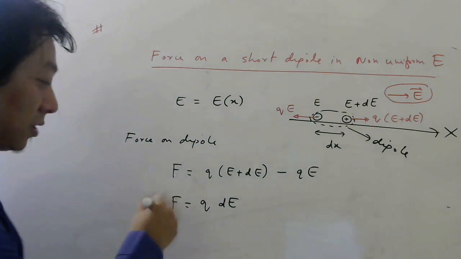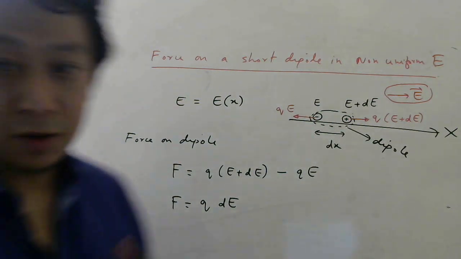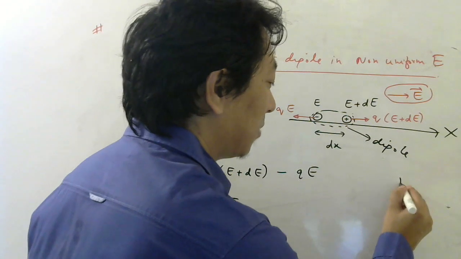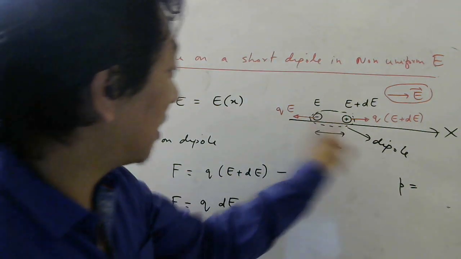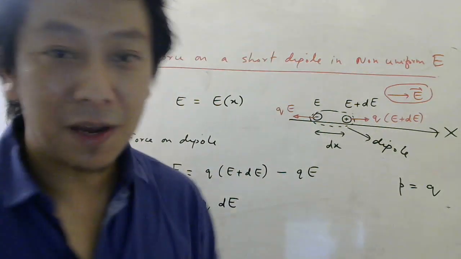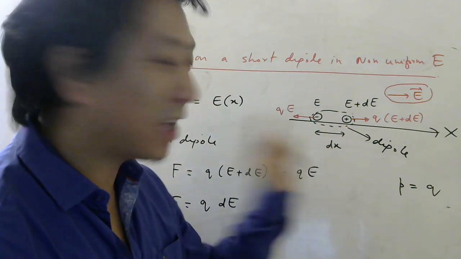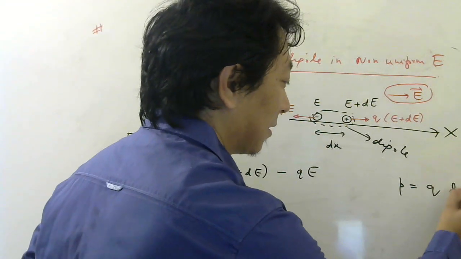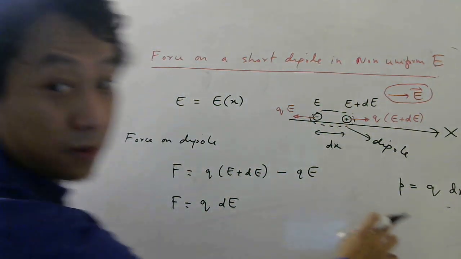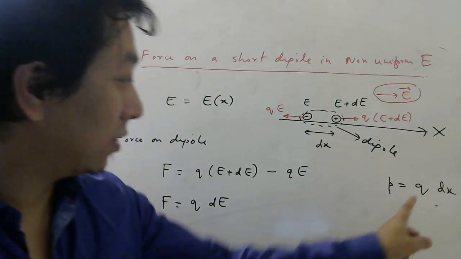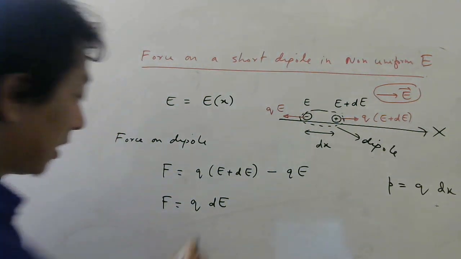Okay. Now since this is force on dipole, right? Let us try to bring dipole moment. What is dipole moment? Magnitude. One of the charge you take, then multiply with what? Distance between the charges. What is the distance between the charges I have taken? dx. So to bring the dipole moment here, what will I do?